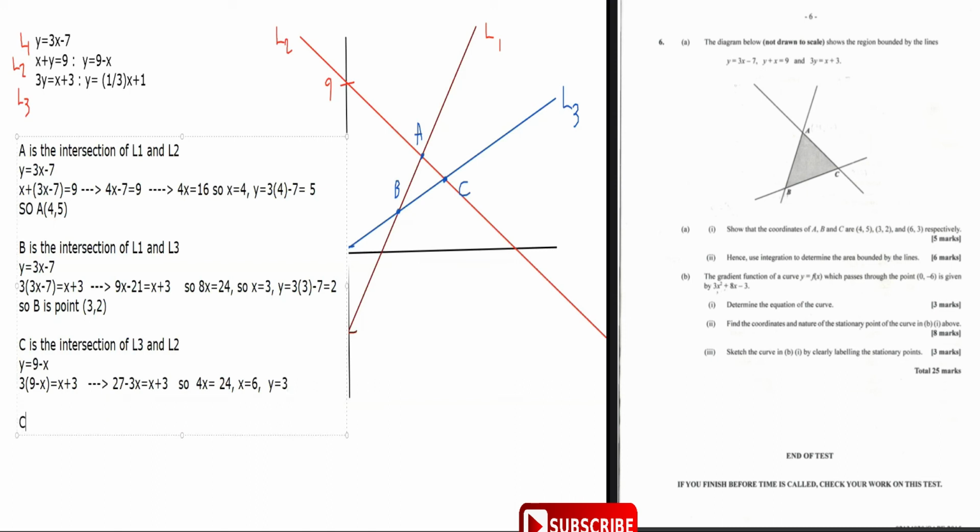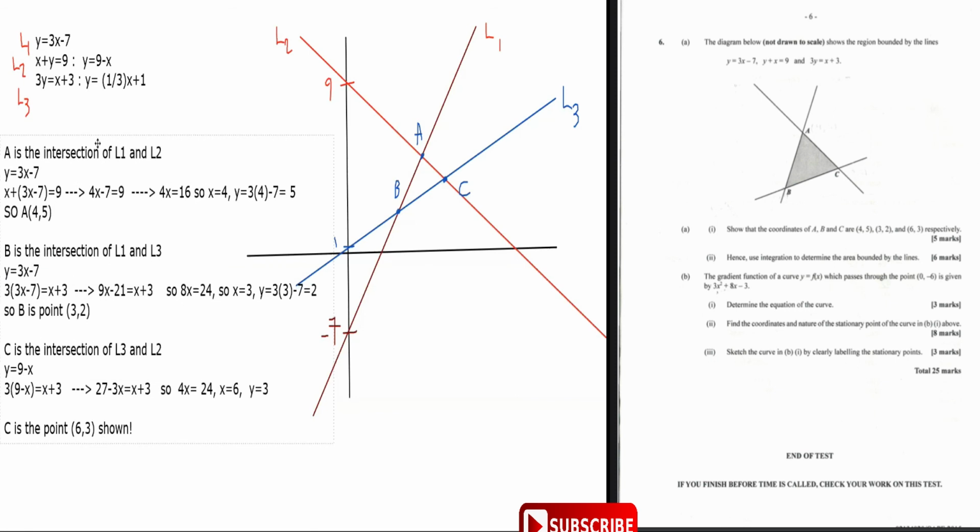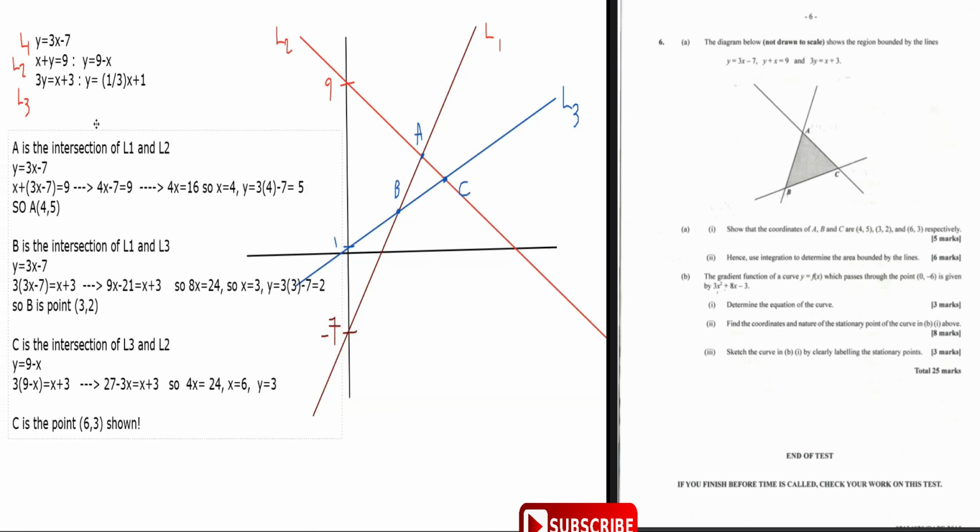And so C is the point (6, 3). And so all of those are shown. Nice and easy. So now we've shown all of this.